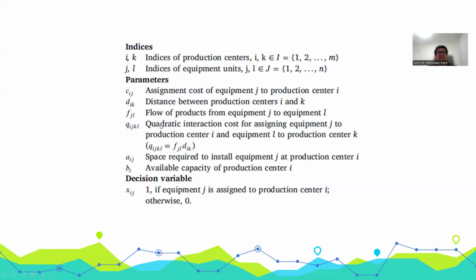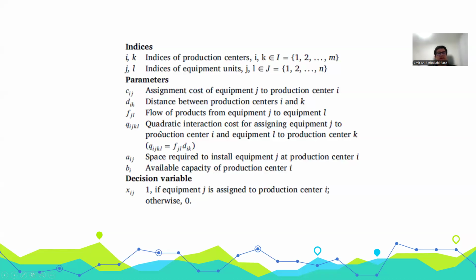And we have an interaction cost, which is a quadratic cost. It refers to the fact that for the assignment of an equipment to a production center, and also another assignment of a different equipment to another production center, there is an interaction cost.